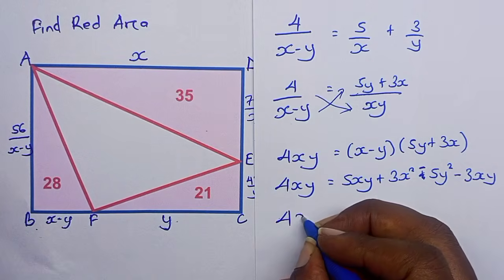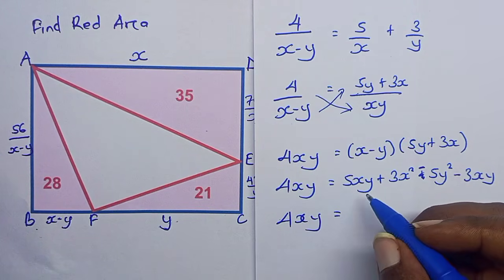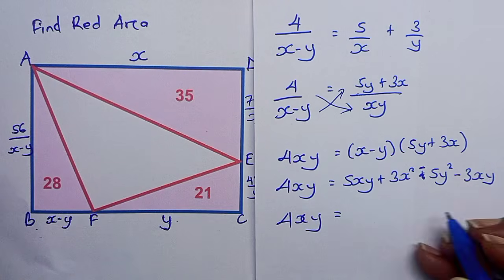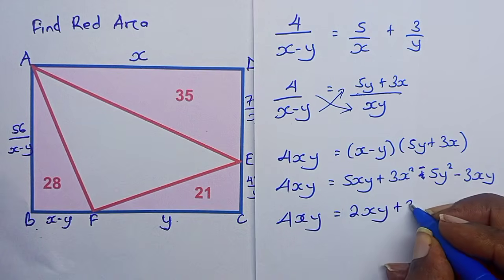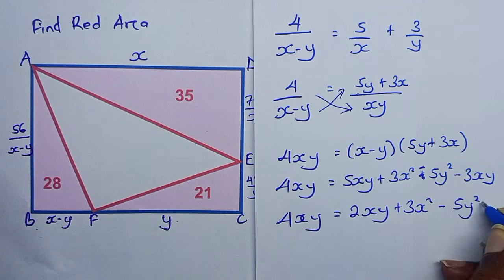So this is 4xy is equal to 5xy minus 3xy, which gives us 2xy, plus 3x squared minus 5y squared.